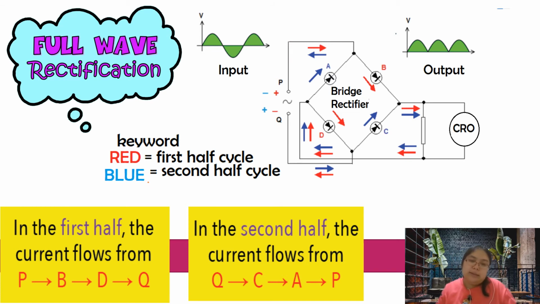So now let's see the second cycle, how it goes through. From the Q, go to the C. After C must be the resistance, then go to the A and go to the P. This means the second half cycle is also complete. So I can draw the output second half cycle, another reading.